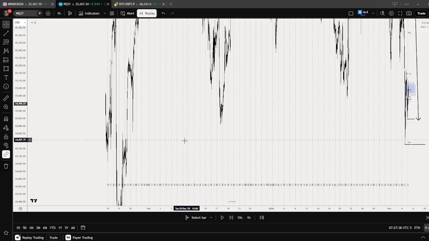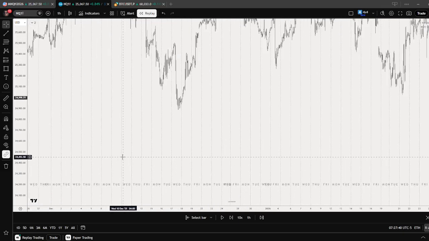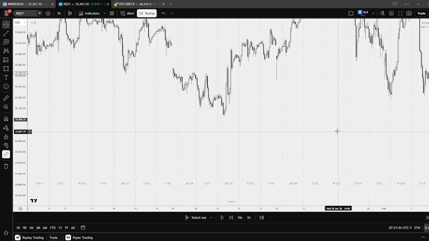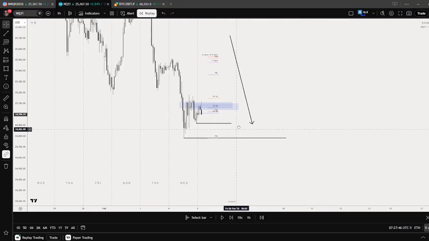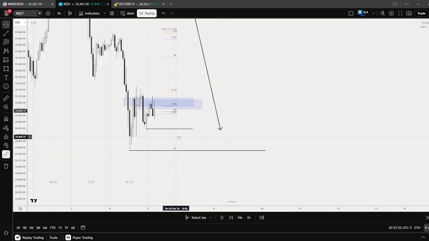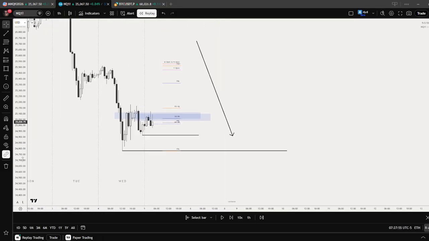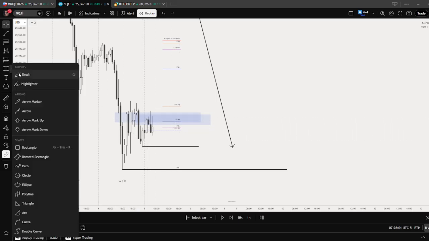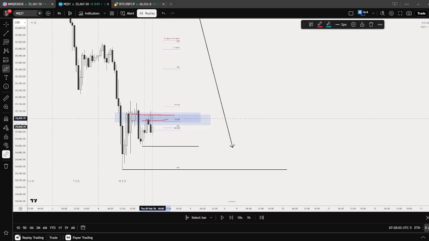And of course we can look for more liquidity on the higher time frames, but right now I think these two draws on liquidity will be enough. So we have a clear DOL. Now you want to determine what is your POI. My POI is this fair value gap, and you want to look for shorts at that POI.